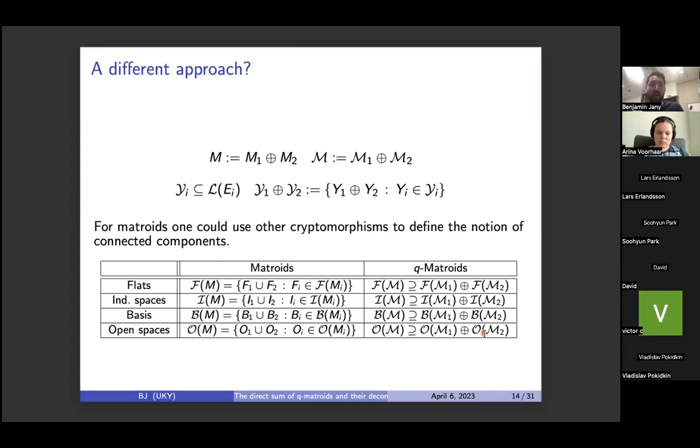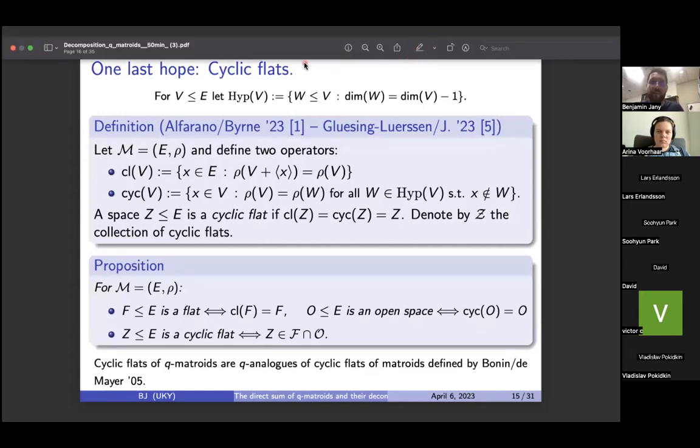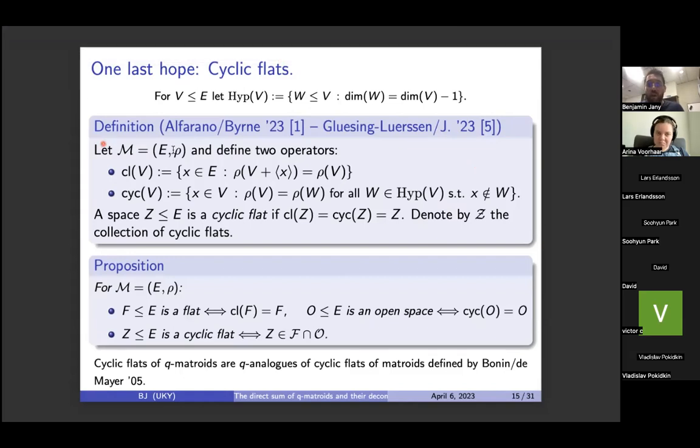Fortunately, we have one last type of space that we can consider, which are the cyclic flats. So what is a cyclic flat? Given a q-matroid, I can define two types of operator. The first is the closure operator.